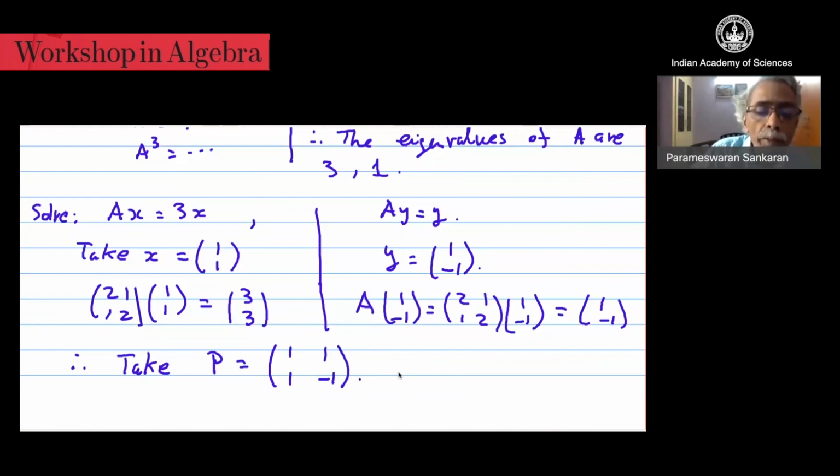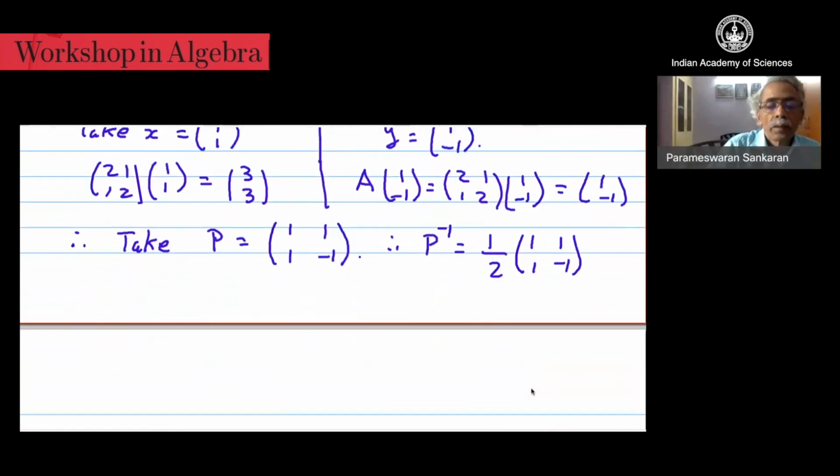Then you have to compute P inverse. In fact, its determinant is minus 2, so I will have to divide by minus 2. After you simplify, you get (1, 1; 1, -1), which is again 1/2 of P.